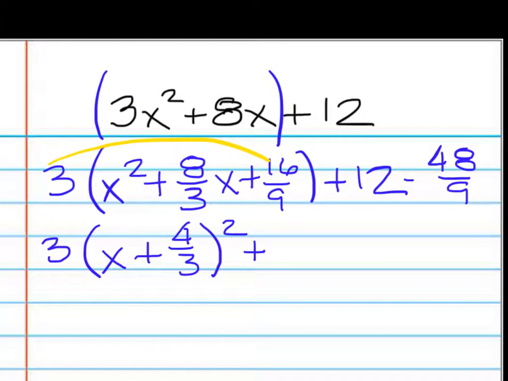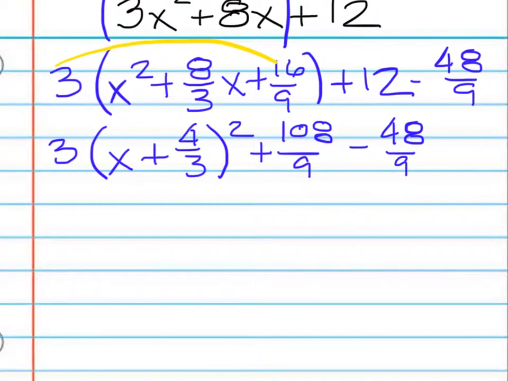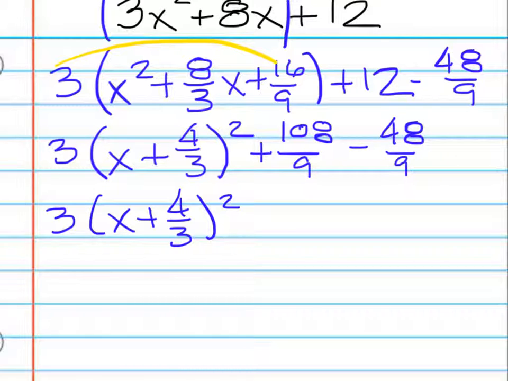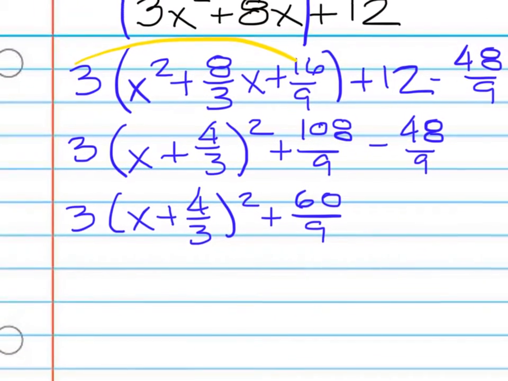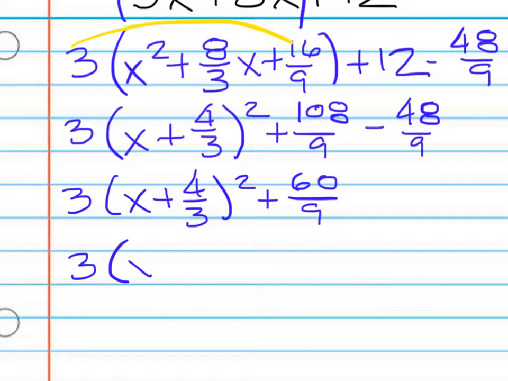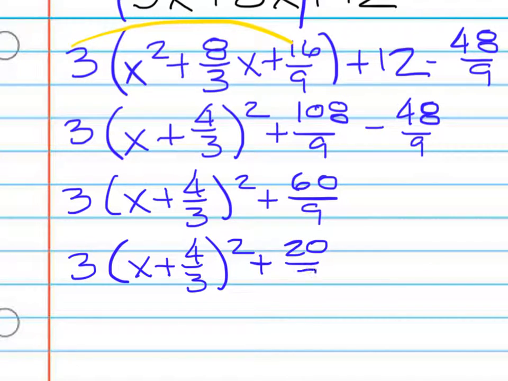With a common denominator of 9, you would have 108 over 9, and then minus 48 over 9. So 108 minus 48 is going to be 60. 60 over 9 can be reduced. 60 over 9 is the same thing as 20 over 3.